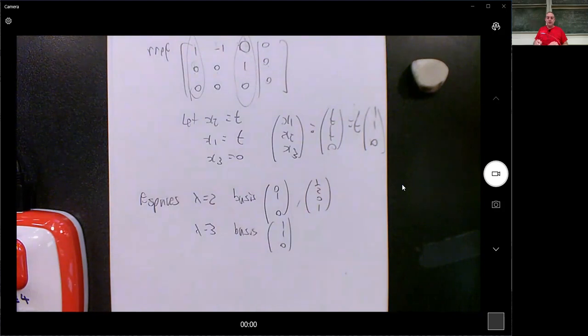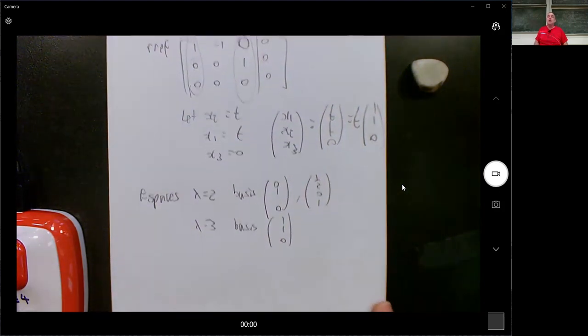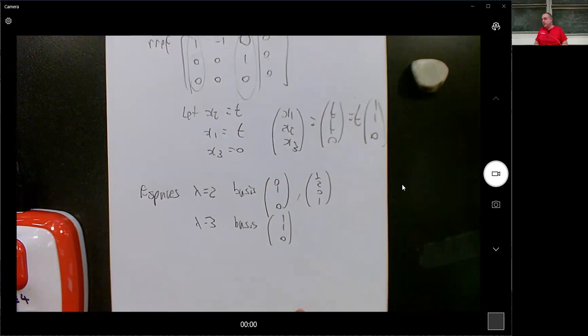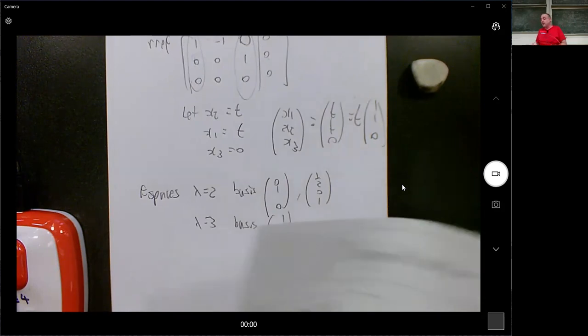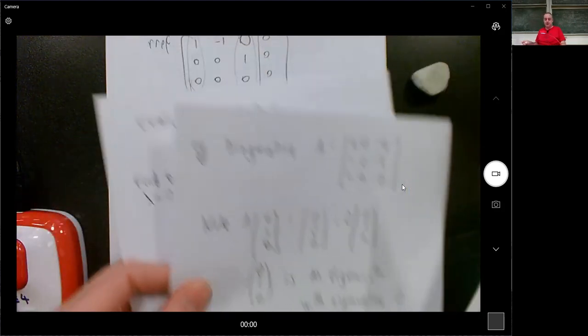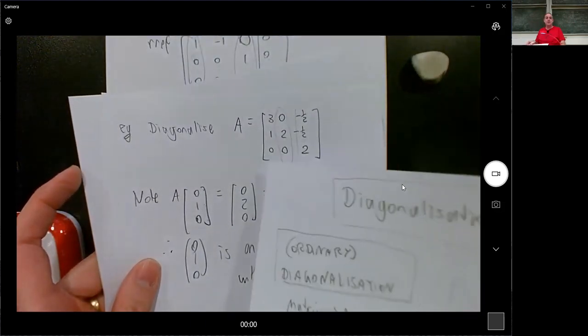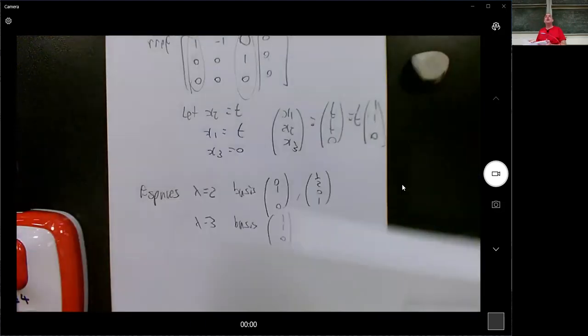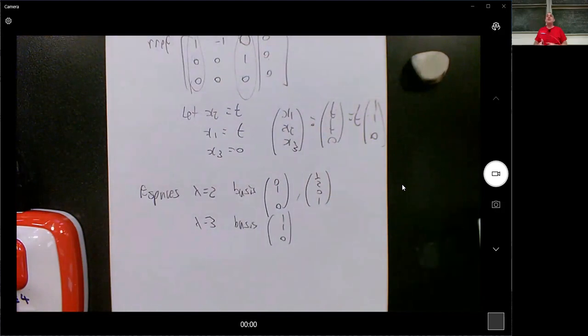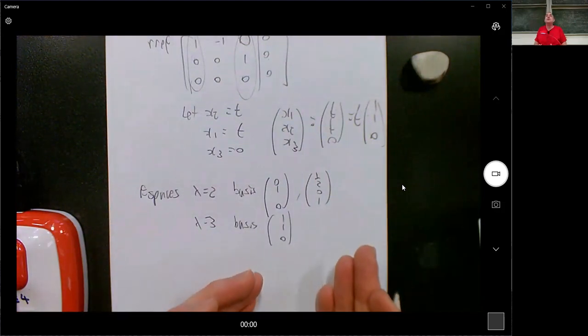So if I'm doing ordinary diagonalization, which I have to because my original matrix isn't a symmetric matrix, I don't have to do anything to these vectors.